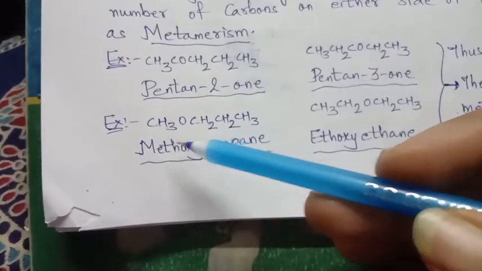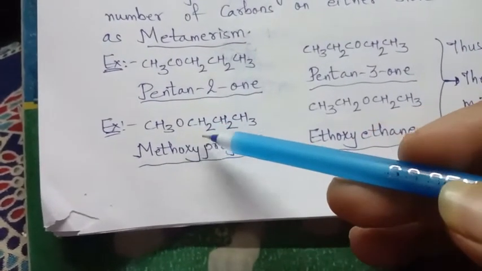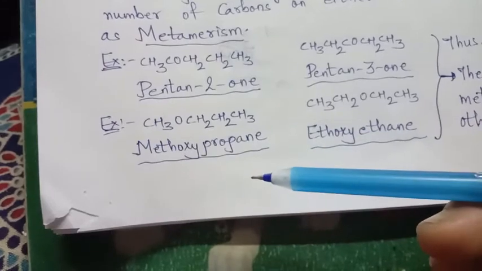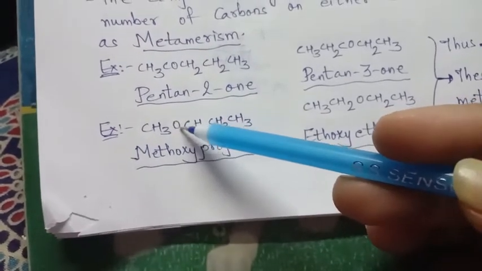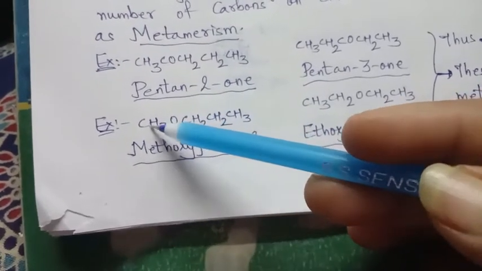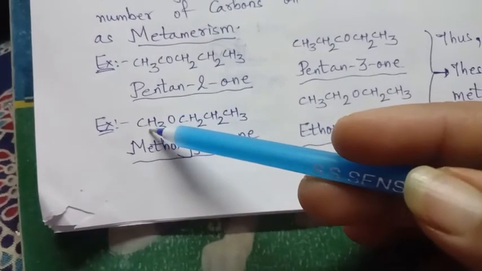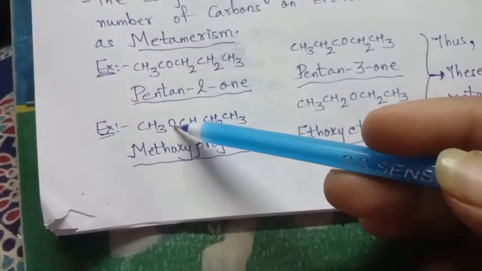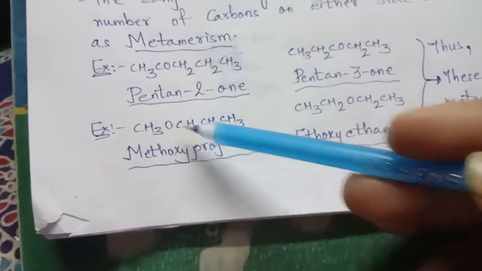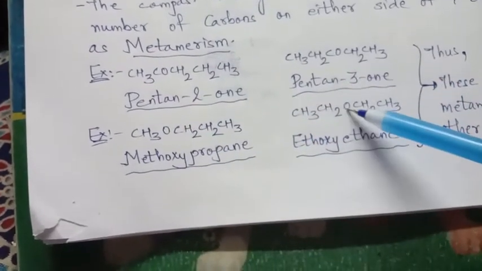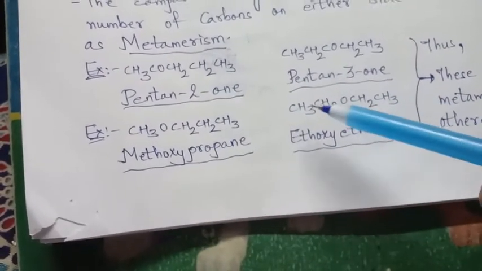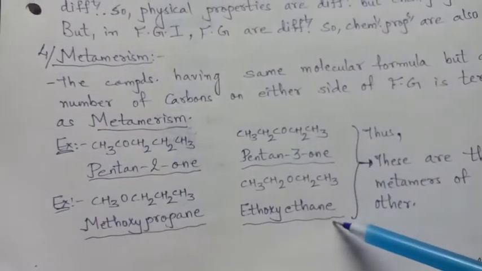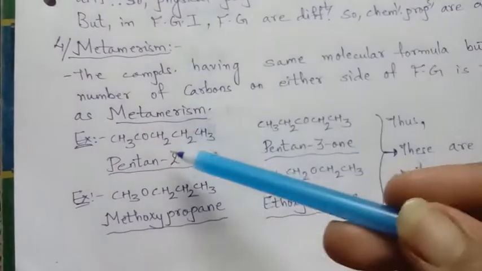Now let us see here. CH3-O-CH2-CH2-CH3. It is an oxy-ether group. So the smaller group will take the O. So it is methoxypropane. And here either side is the same, so it is ethoxyethane. So we have to compare these two.